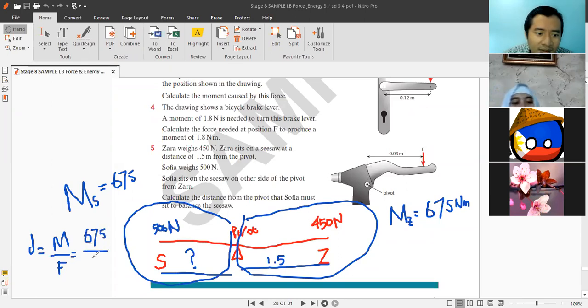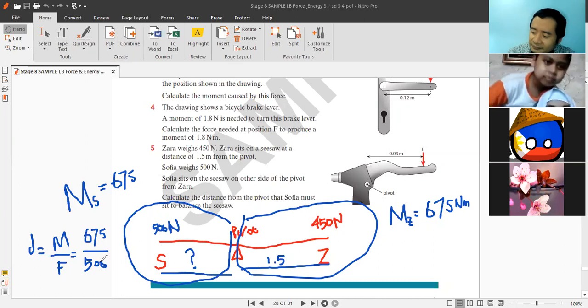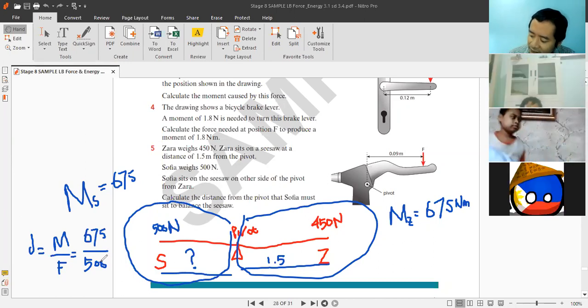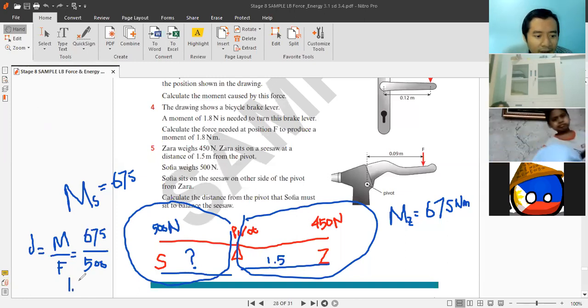What is the force? 500. What is the result? 1.35. Okay, very good. 1.35 meters. Okay, good.